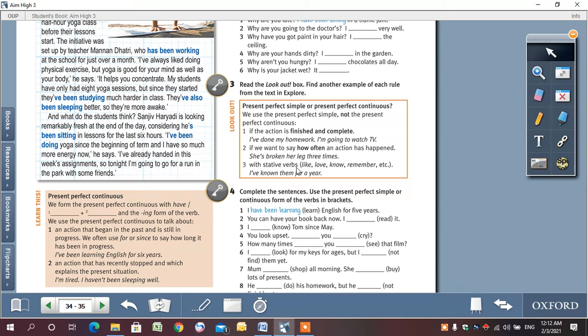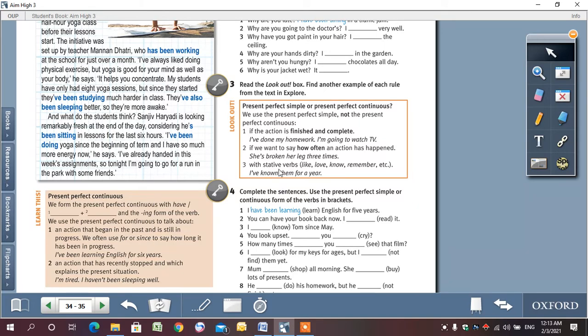Remember, with all the stative verbs, I cannot put ing with these verbs, and I cannot use them in any continuous tense. So with the stative verbs, I have to use the present perfect simple tense. These stative verbs are, again, like, love, know, remember, etc. For example, I have known them for a year.